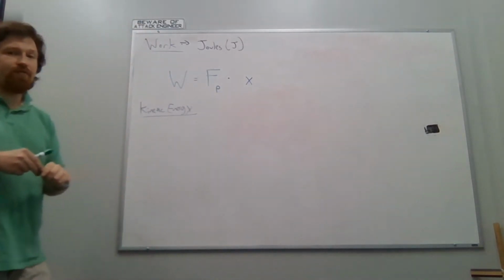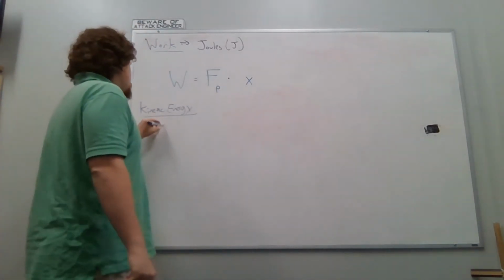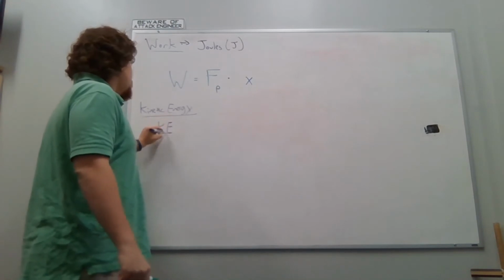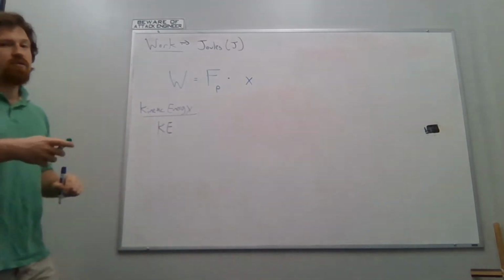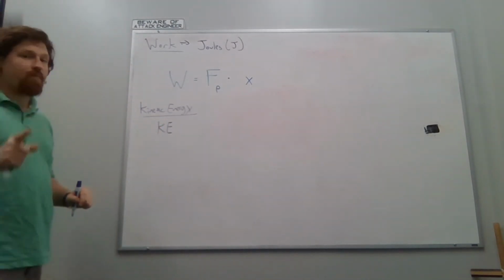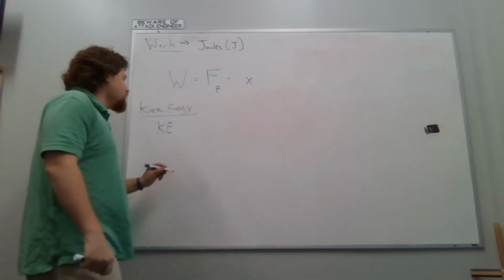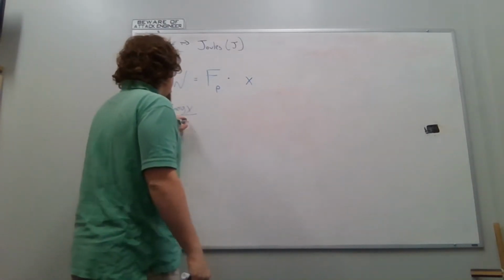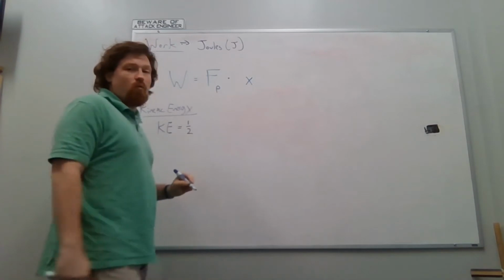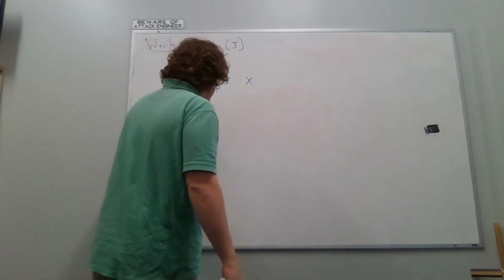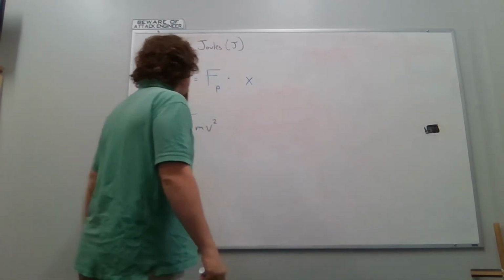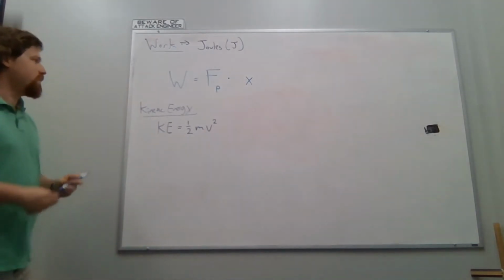And our formula for kinetic energy, we're going to shorten kinetic energy as a variable down to KE. So anywhere you see a KE, that's going to represent the kinetic energy itself. The kinetic energy an object has is going to be equal to 1/2 times that object's mass times its velocity squared.